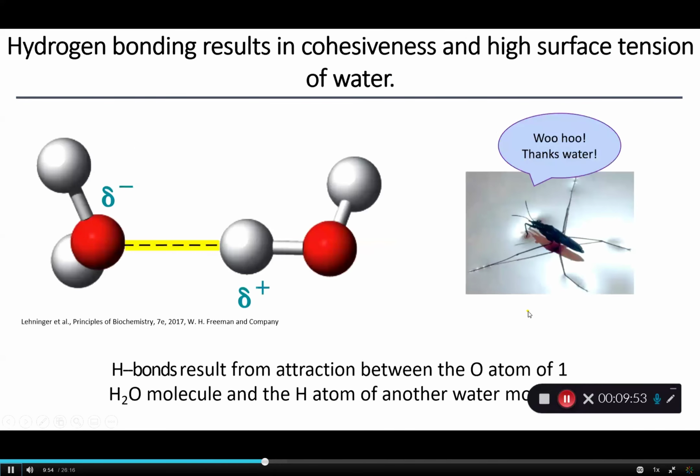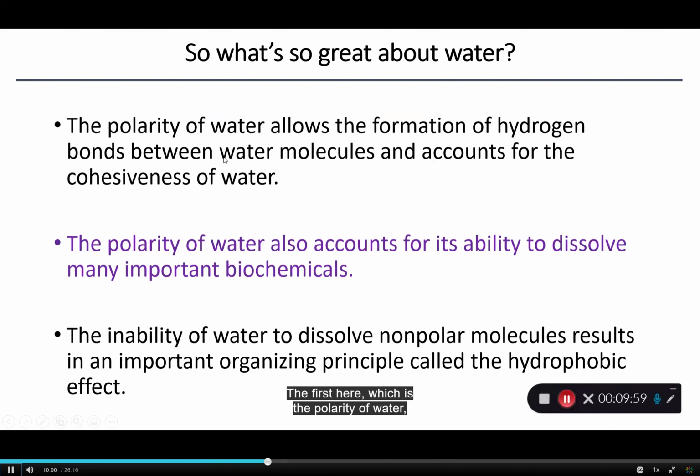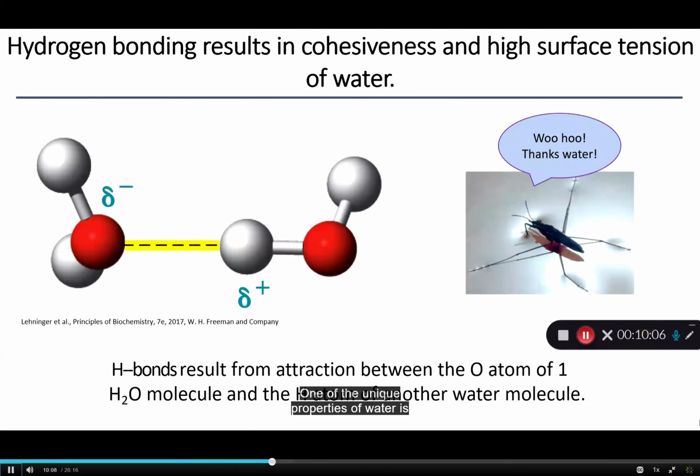Okay, so let's first talk about the first point, which is that the polarity of water allows the formation of hydrogen bonds and accounts for cohesiveness. One of the unique properties of water is that it can form hydrogen bonds with itself.